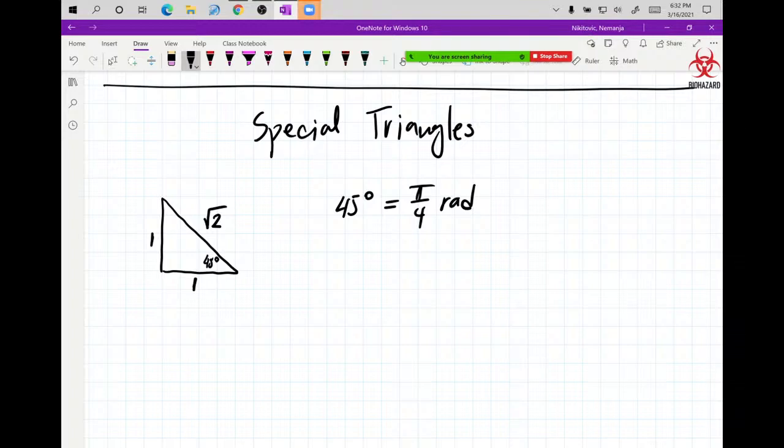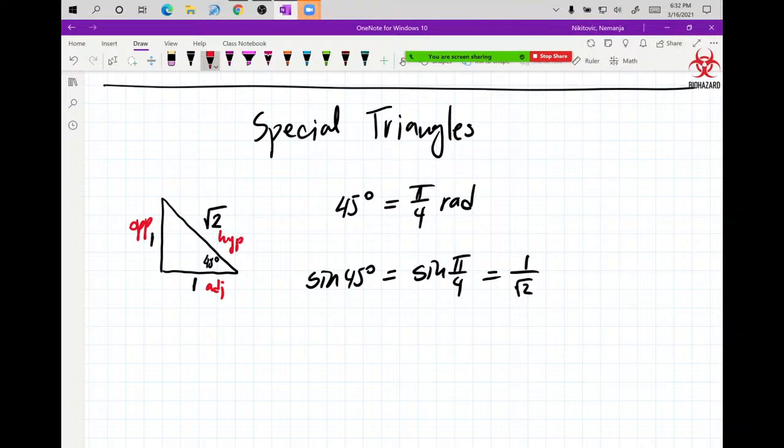And now you can write that your sine of 45 degrees, or better, sine of pi over 4, is actually 1 over root 2, because you have your adjacent side over here, your opposite side over here, and your hypotenuse over here. 1, 2, 3. So when I do my opposite over hypotenuse, that's 1 divided by root 2. Now, we don't like root 2 in the denominator, so we're going to rationalize this and get root 2 over 2.